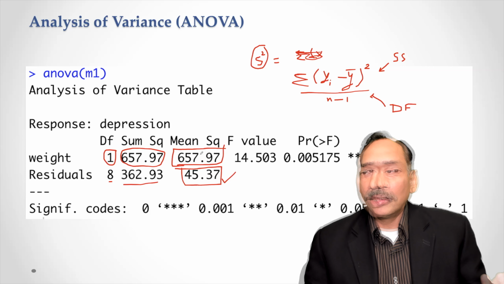And R square works very well if you are looking at simple linear regression model. But when you have multiple regression where you can add more independent variables, every time you add a variable, R square will go up. Whether that variable is significant or not, it doesn't matter. R square doesn't care about it.